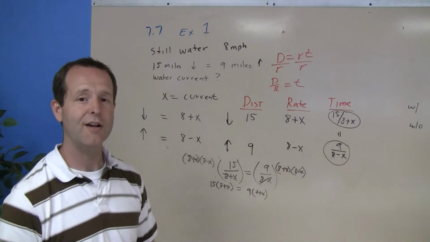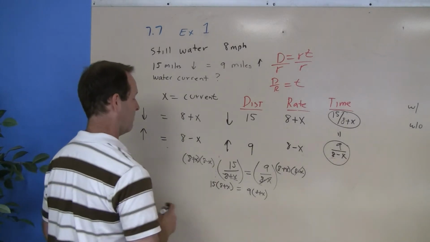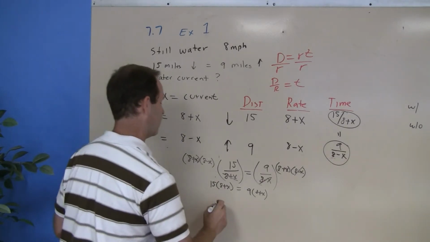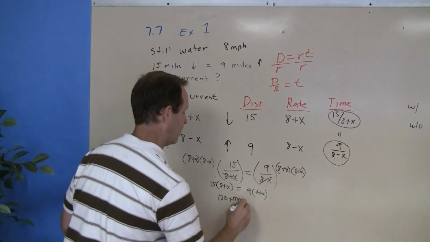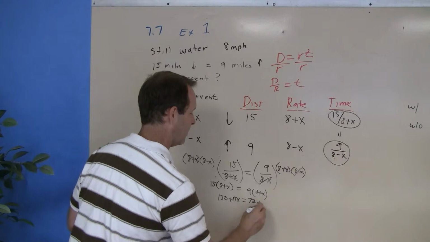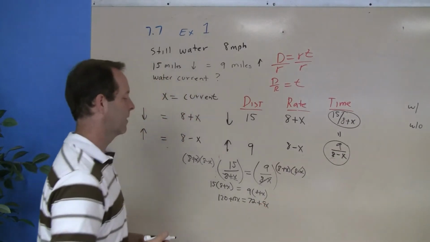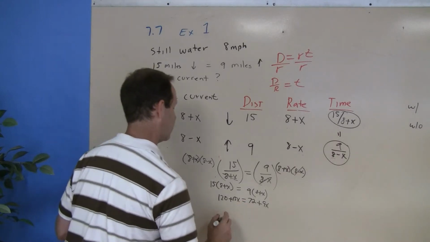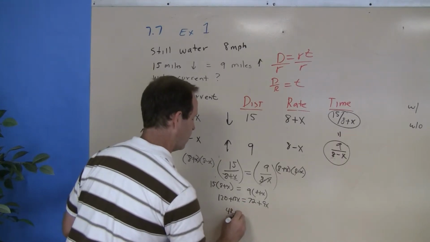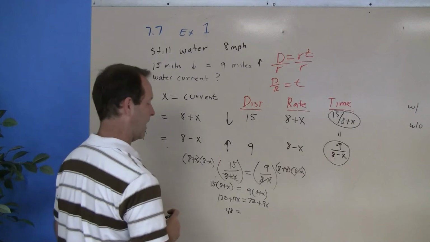All the fractions are gone, I used a fraction killer. Now I can multiply. 15 times 8 is 120 minus 15x equals 72 plus 9x. I want to isolate x, so let's subtract 72 from both sides. I get a 48.